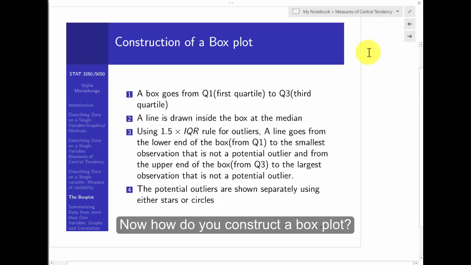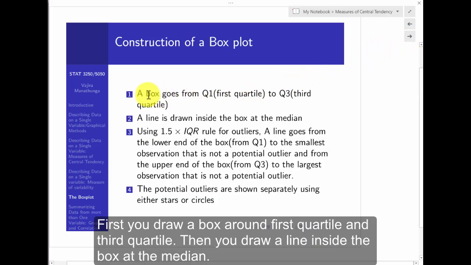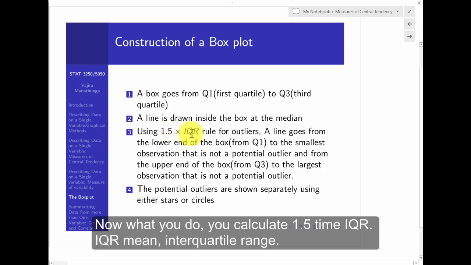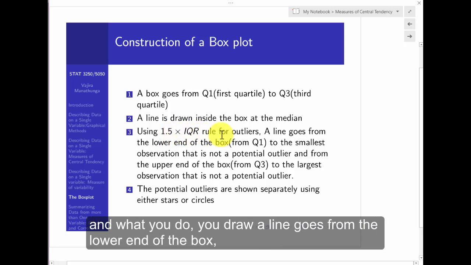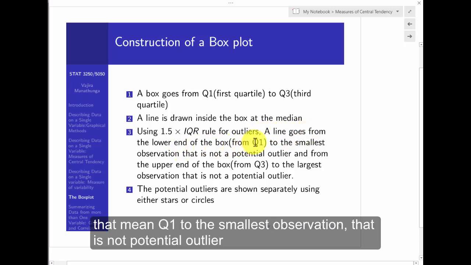Now how do you construct a box plot? First you draw a box around the first quartile and third quartile. Then you draw a line inside the box at the median. Now you calculate 1.5 times IQR. IQR means interquartile range. Then you draw a line from the lower end of the box, that means from Q1, to the smallest observation that is not a potential outlier.